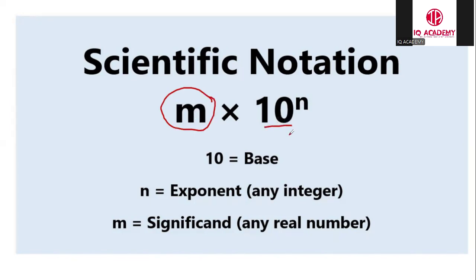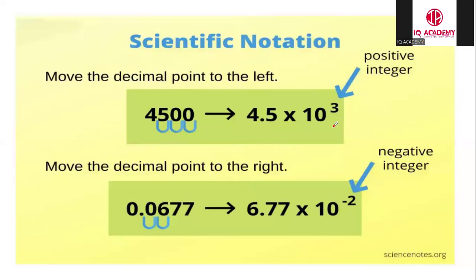This 10 is what we call the base, and this n is what we call the exponent, or we can call it the power. In mathematics, you also find the base and these exponents. So this is the representation, and then we can move. Here I was giving an example.